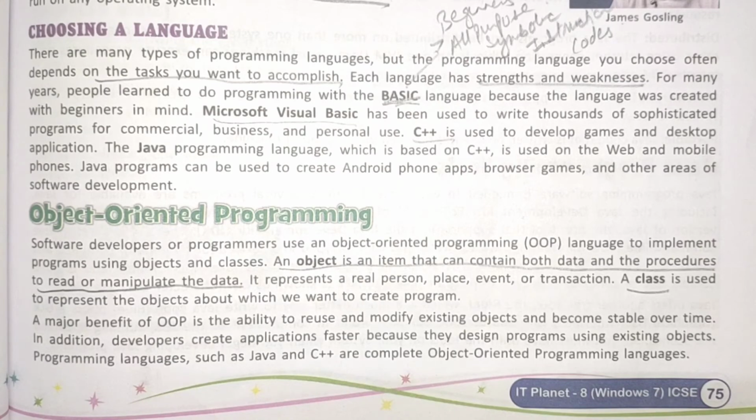This is the reason they say that a class is used to represent objects about which we want to create a program, or a class, in simple terms, is a blueprint of an object. A collection of objects can be represented by a class.